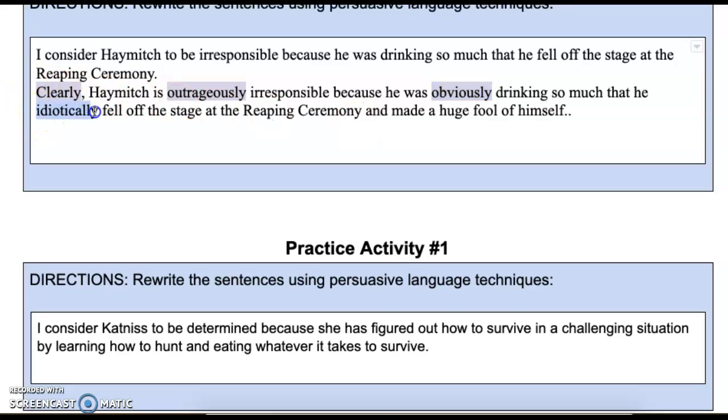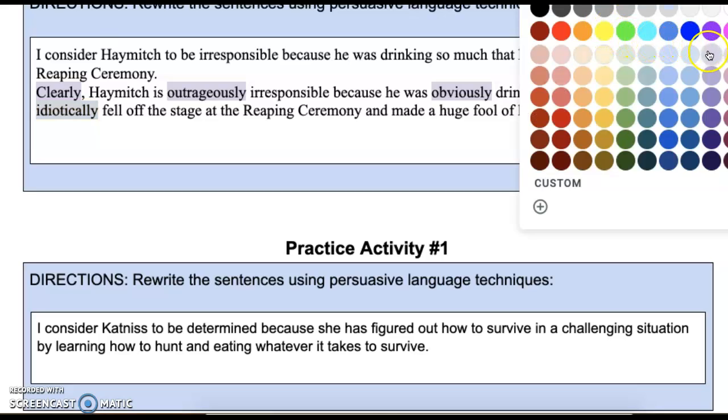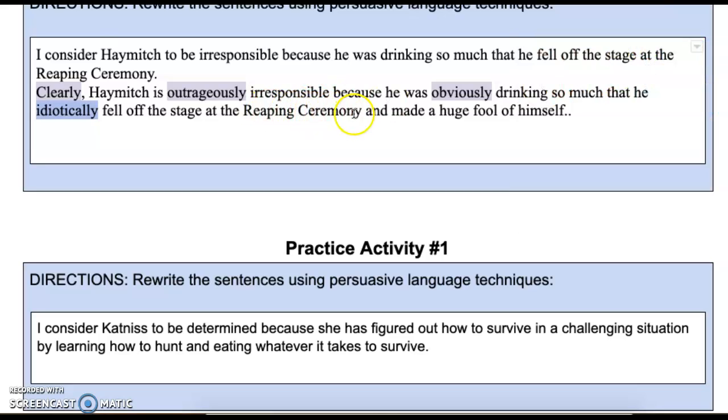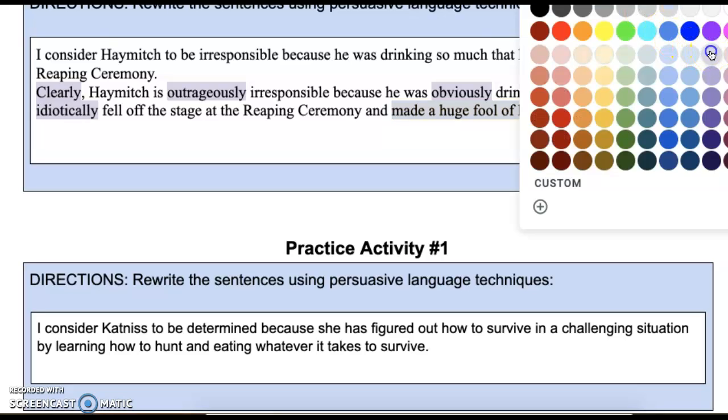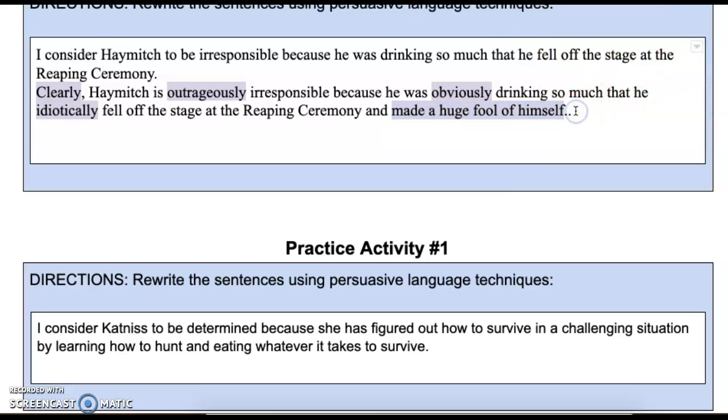Look, I did "idiotically," so I'm going to highlight that one. And I added this whole phrase here. And I need two periods, and I only need one. So go ahead and copy that sentence.